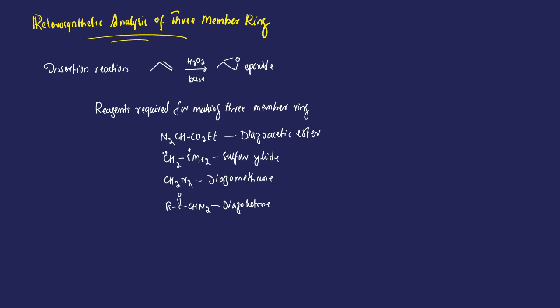We can also use an important reagent such as diiodomethane, which is a reagent used in the Simmons-Smith reaction in combination with a zinc-copper couple.